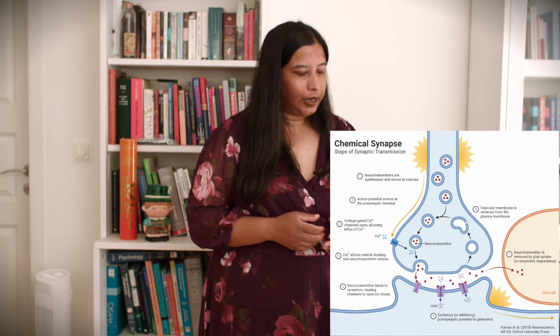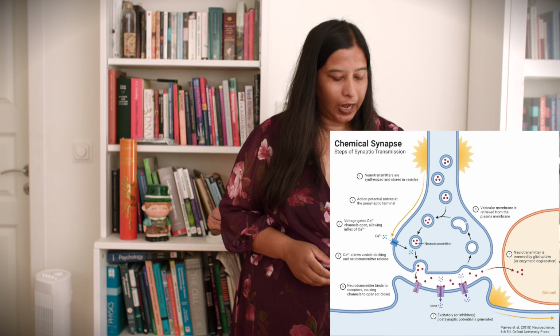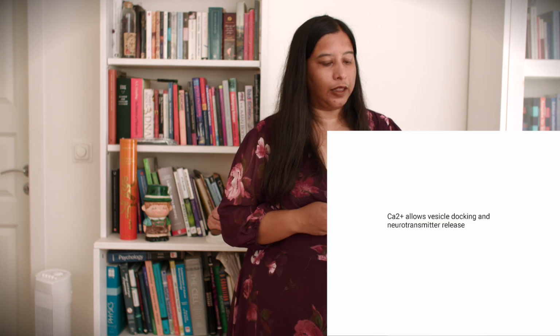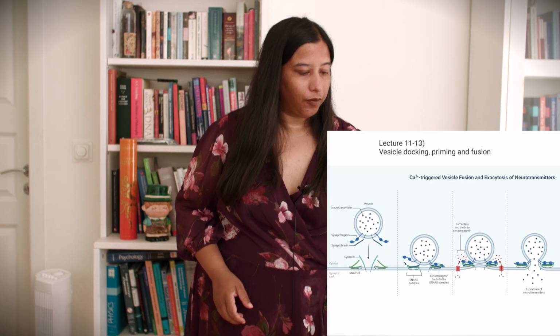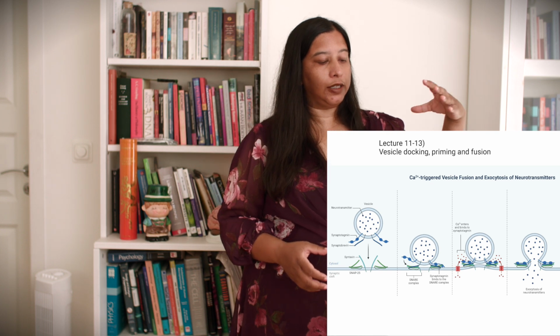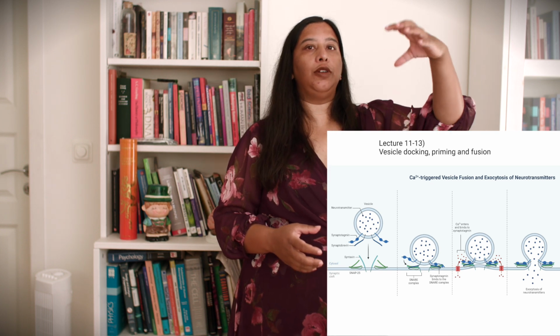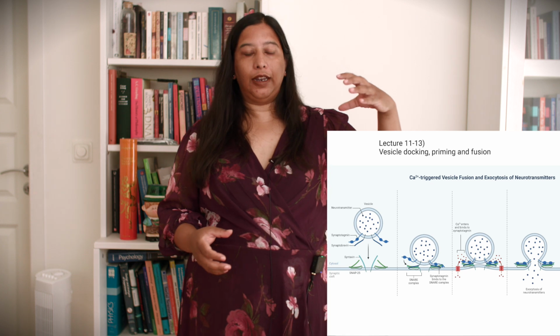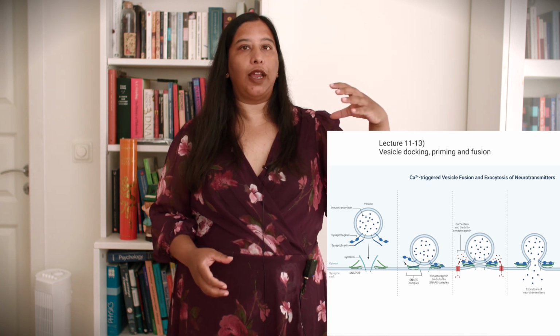So in the next step, we have the calcium, which has flowed in through the voltage-gated calcium channels. It allows vesicle docking and neurotransmitter release. So when the calcium comes in, it causes the vesicle to go near the membrane and dock at the membrane.